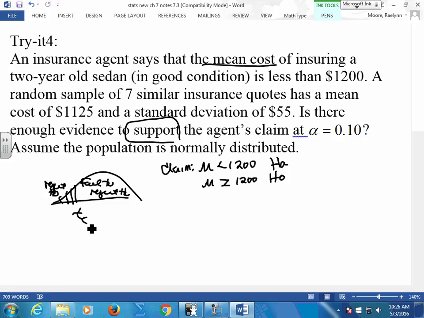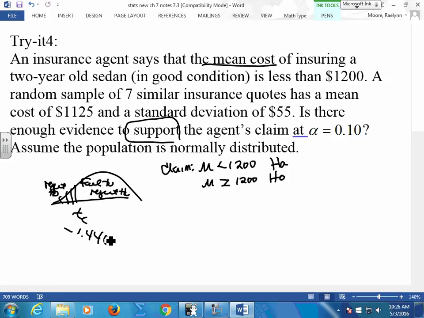Anybody not get that? Why do you reject H0 to the left? Because that's where our tail is, to the left. So anything smaller than that, we're going to reject. So negative 1.440. Did everybody find that? Anybody not get that?